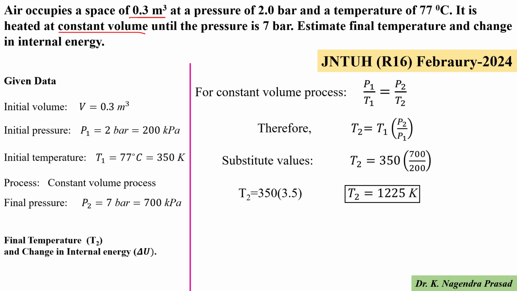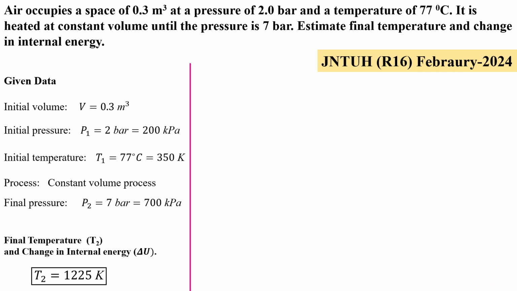So next we have to determine the change in internal energy. Change in internal energy del U equal to m CV (T2 minus T1). So m is not given in the data, we have to determine it. CV value we know for the air, and T1 is given data and T2 we determined. So first we have to determine the m value.